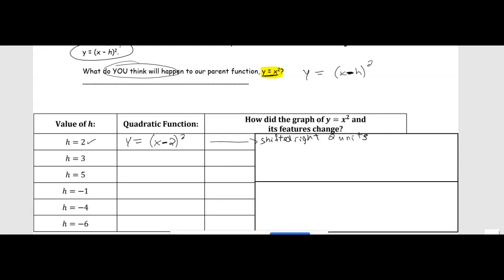And the word we talked about yesterday, the vertex went from 0, 0 to 2, 0. Let's put that in here too. So we'll say our vertex, and we'll write it like this: we went from 0, 0, and we moved it to 2, 0. Not a coincidence then. Notice what our value was. See how it was a 2? And we moved it right 2 units.